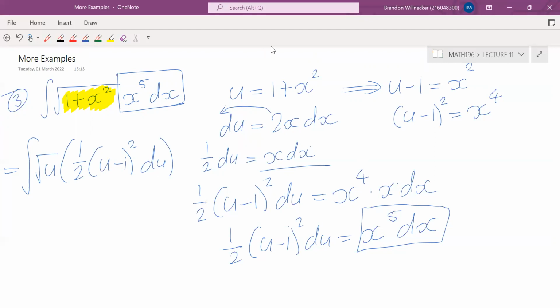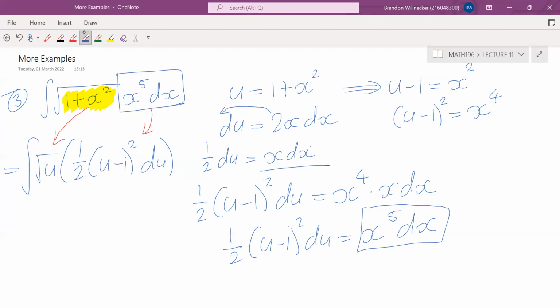Okay, so I've replaced the square root of 1 plus x squared with the square root of u, and I have replaced x to the 5 dx with 1/2 (u minus 1) all squared du. Those are the two things that I calculated on this right-hand side.